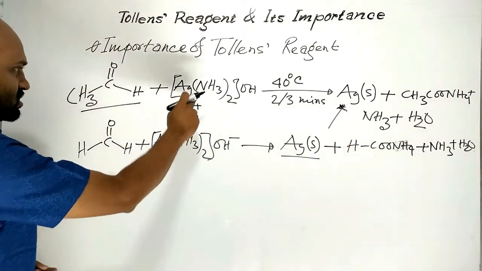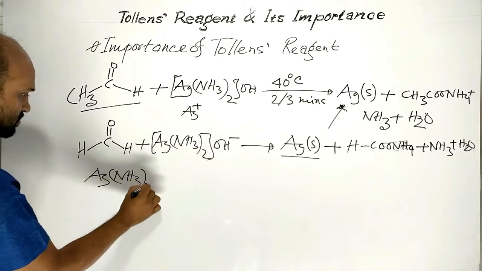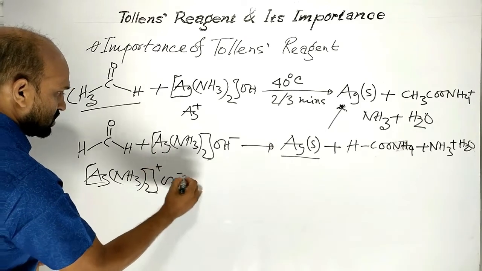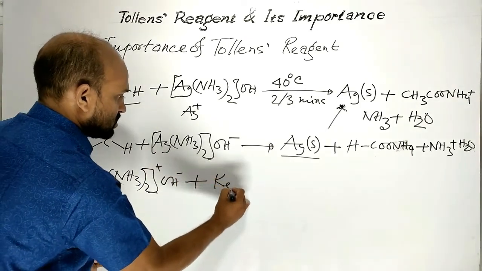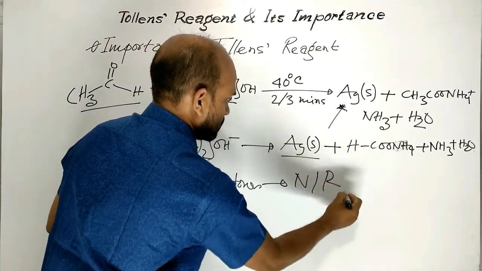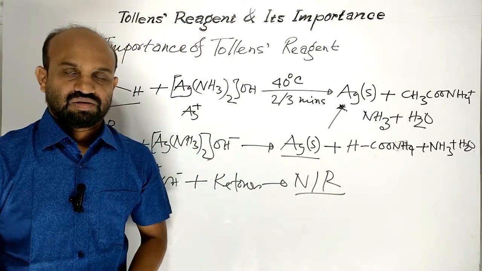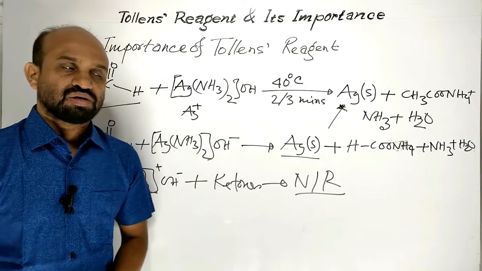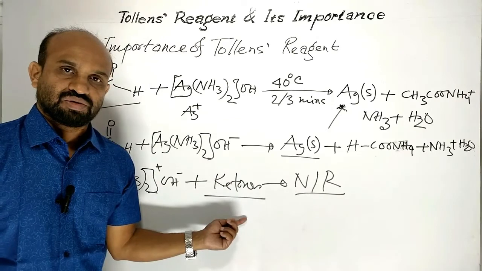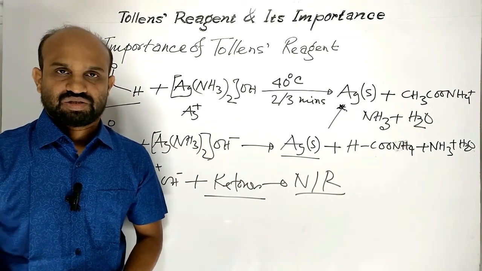But this Tollens reagent doesn't react with ketones. No reaction. This is the importance of Tollens reagent, which is used to distinguish aldehydes from ketones, producing silver mirror on the inner wall of the test tube.